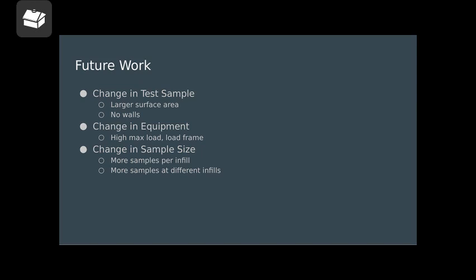That could be corrected in future experiments. A change in sample size is something that is needed as well if this were to become an extremely accurate experiment. So, more samples per infill and more samples at different infills.